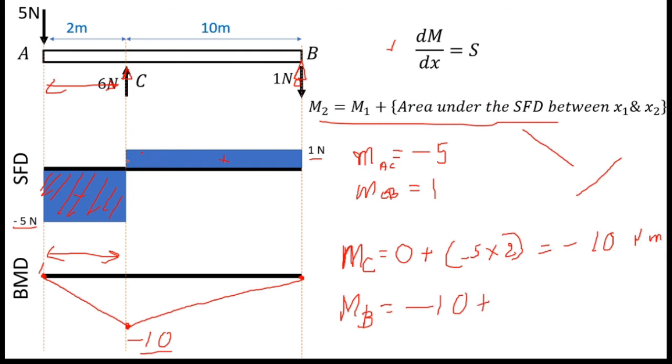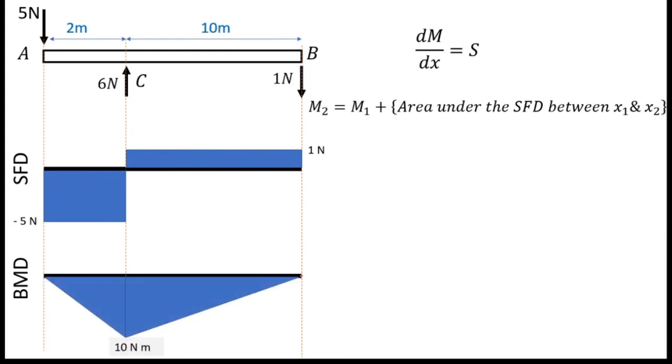They are asking for this area. The length is 10 and the height is 1. So I can write 10 times 1. You can see -10 plus 10 becomes 0. So this value is 0. So this is the bending moment diagram. I will show the clearly drawn bending moment diagram. Okay. This is the shear force diagram and this is the bending moment diagram.